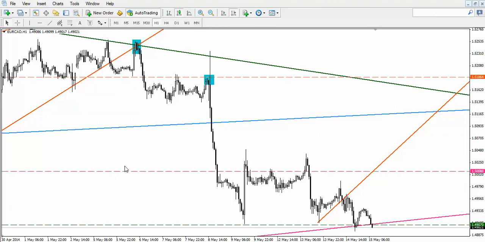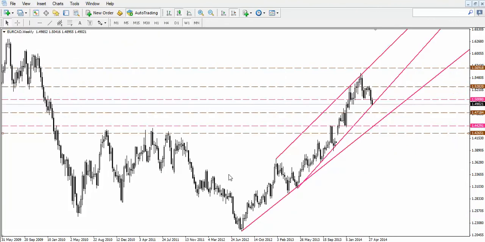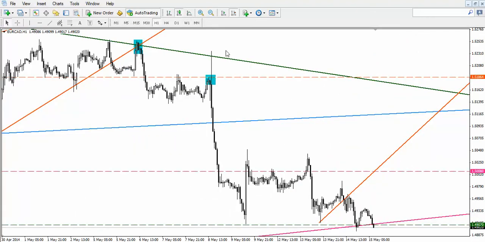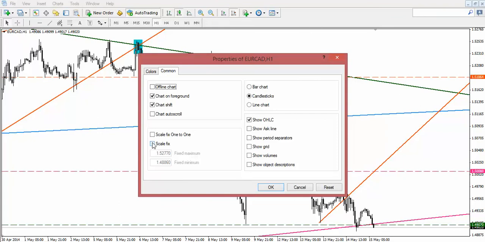However, looking back at the weekly chart, there's still some room here, I think, for some further downside. Going down to that trend line there, you've still got another 300 odd pips. So I don't want to miss out on that potentially large move.